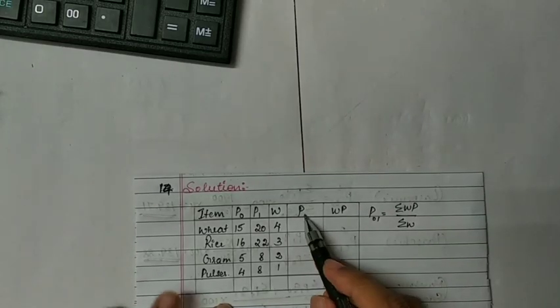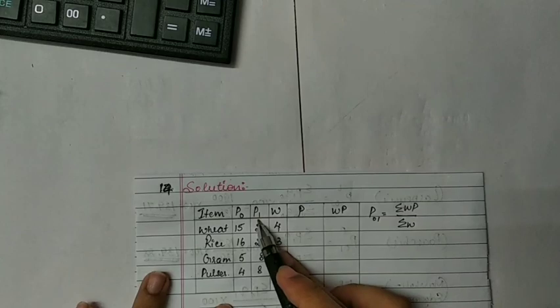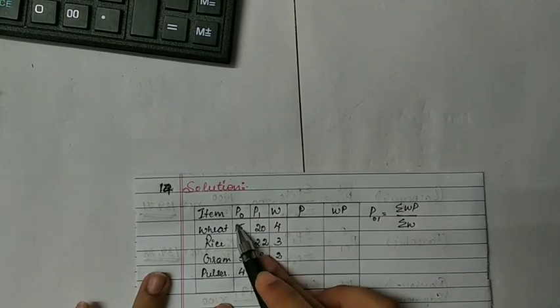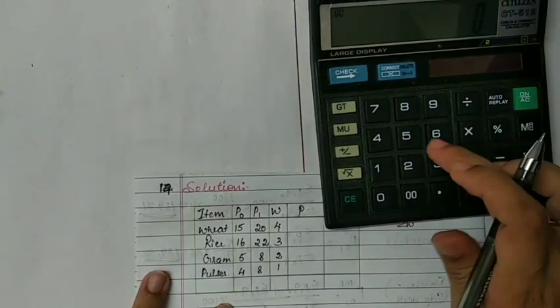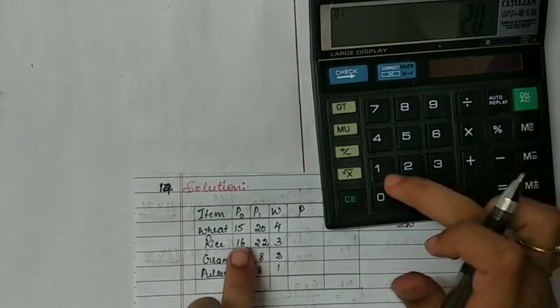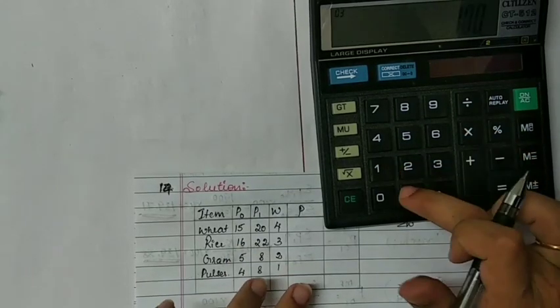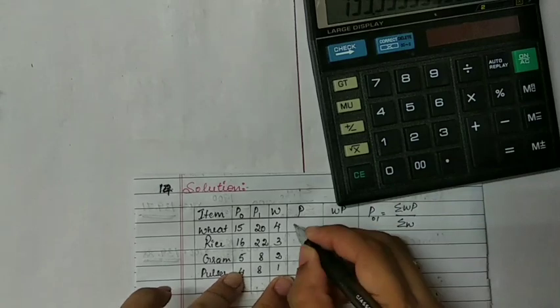First let us calculate P, capital P, that is P is equal to P1 divided by P0 into 100. P1 is 20 divided by P0 is 15 into 100, and it is 133.33.